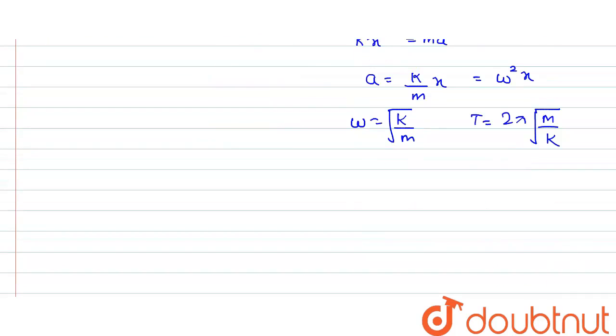Now in the second case, what are we doing? We are fixing the spring, and it is performing a horizontal motion. Let's say this is our body, and the mass is the same. We have made it exaggerated, but the mass is essentially the same. This is our spring.